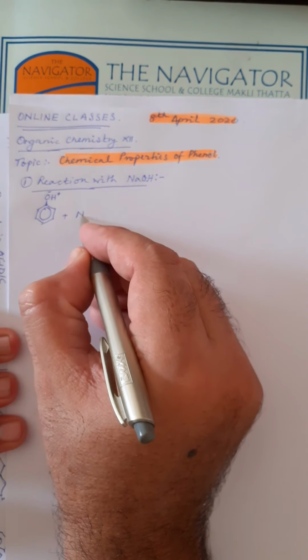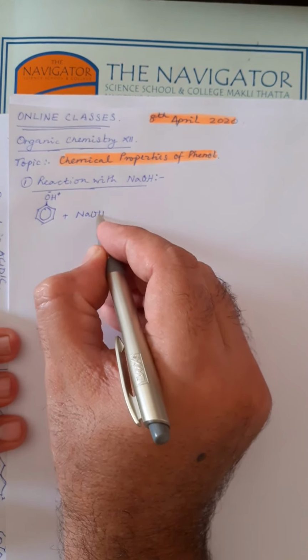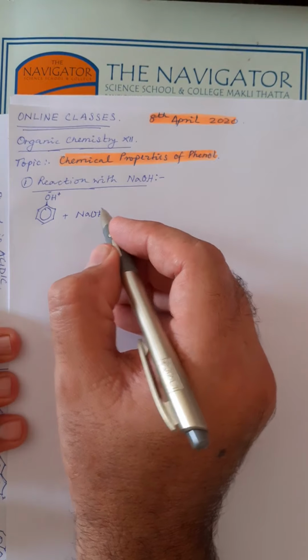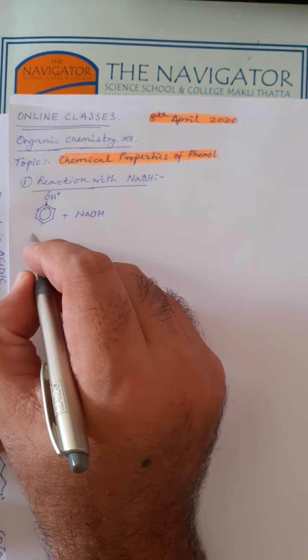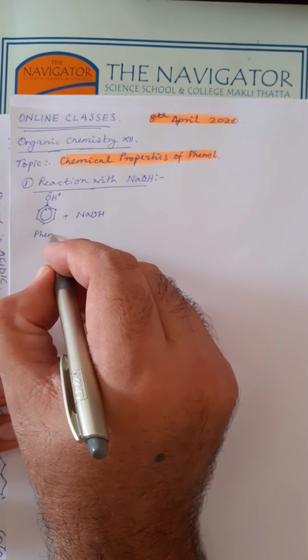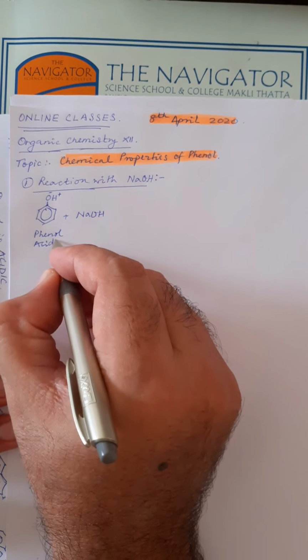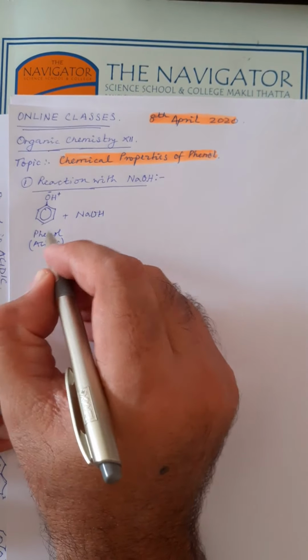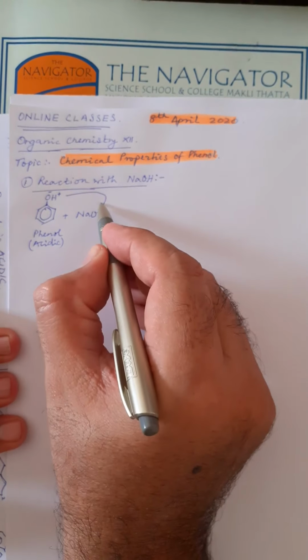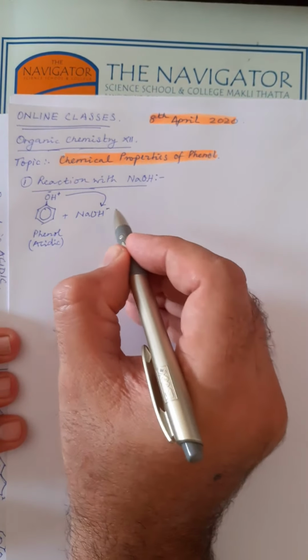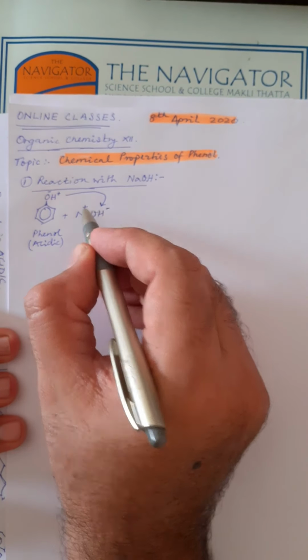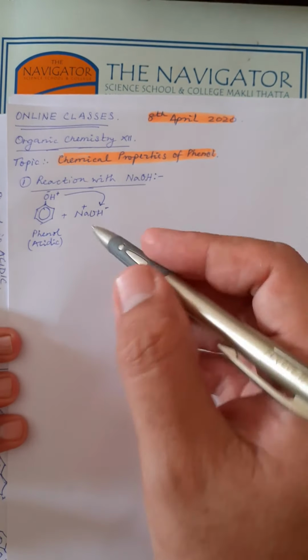So when phenol reacts with sodium hydroxide, the acidic nature of phenol will act as a proton donor, and NaOH as a base will act as a proton acceptor.